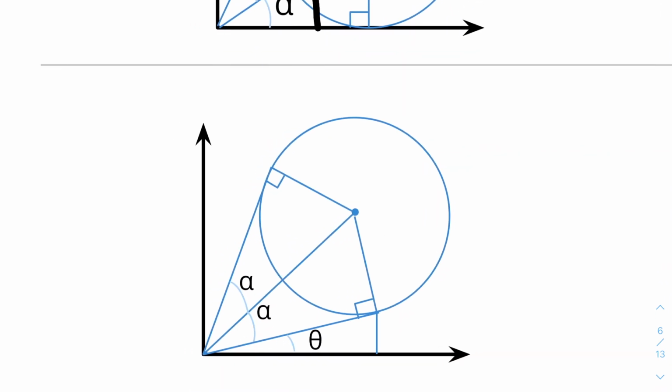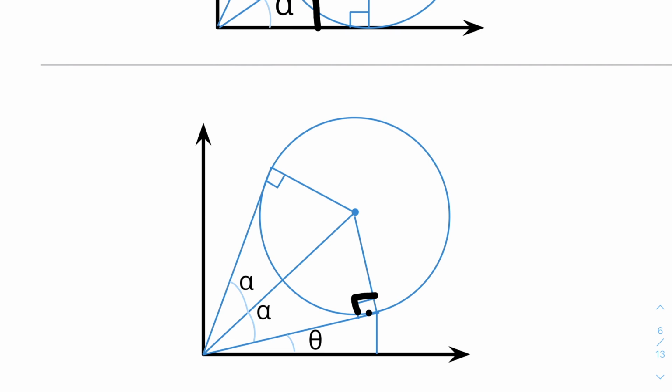For the one that doesn't touch the real axis, we can draw a few lines here. We can draw this line where it touches the circle, where this forms a right angle, which means that this is a tangent and this is also a tangent. The minimum argument will be the angle right here plus alpha, right?